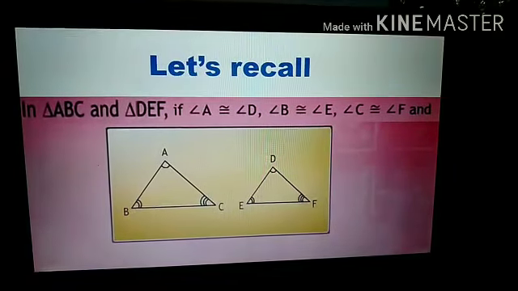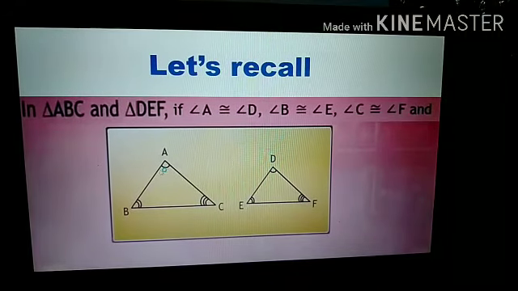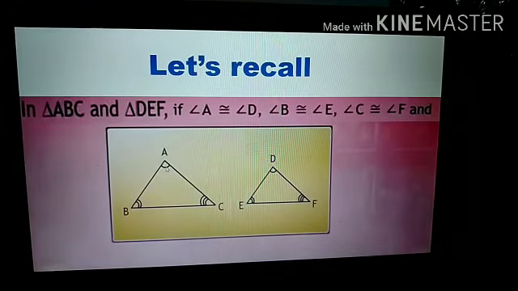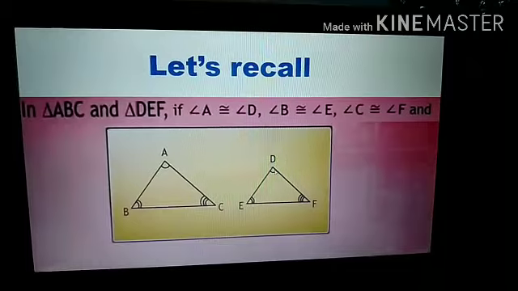As you can see on the screen, we have triangle ABC and triangle DEF. In the figure, angle A is indicated by a single curve mark, and angle D is also indicated by a single curve mark.